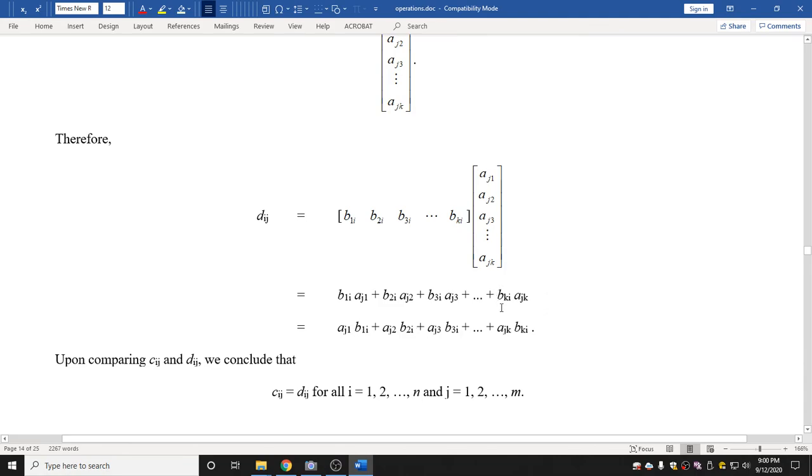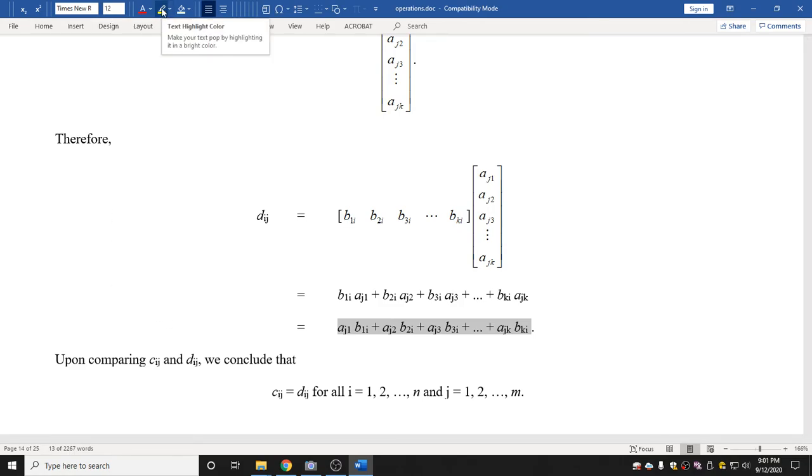We can rewrite Bki Ajk as Ajk times Bki. These are the ij entries of B transpose A transpose.